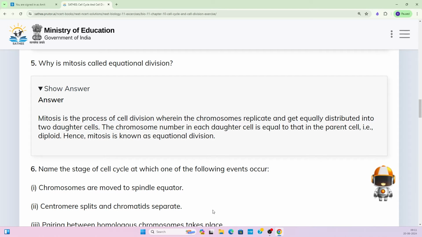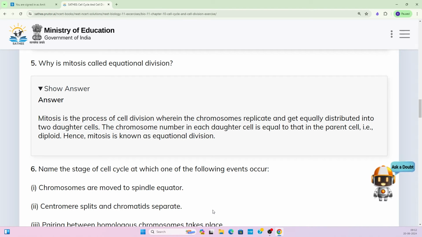So in mitosis the chromosomes get replicated and get equally distributed into the two daughter cells. Half of the chromosomes go to one cell and the other half go to the other cell.